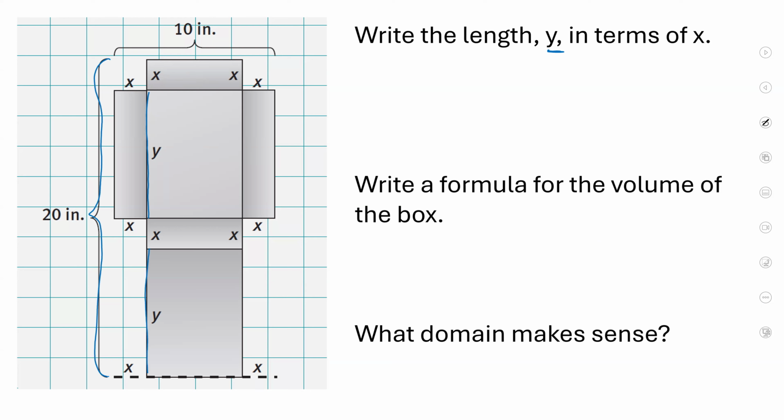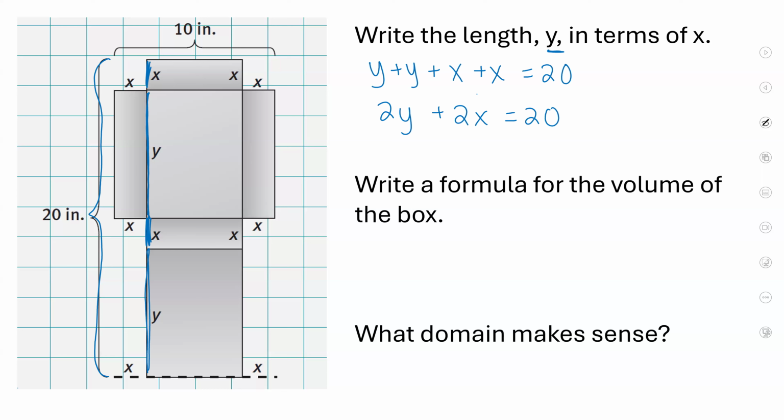So that means this y plus this y, plus this x and this x, so x plus x, is 20. That means 2y plus 2x is 20. So let's solve for y.